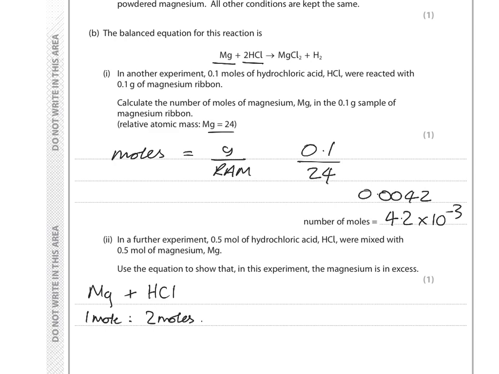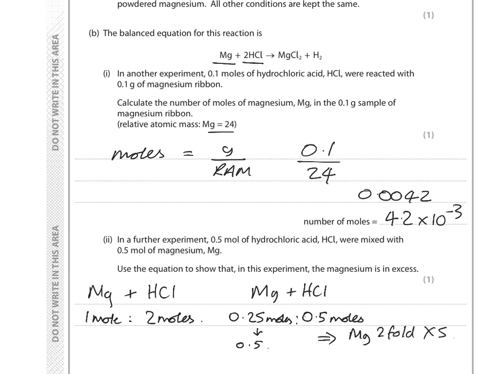Now, what I've actually got is 0.5 moles of HCl. That means it's going to react with half as much Mg. So I would expect 0.25 moles of Mg. Well, I haven't got 0.25 moles. I've got 0.5 moles, twice as much, which implies that the magnesium is in twofold excess.